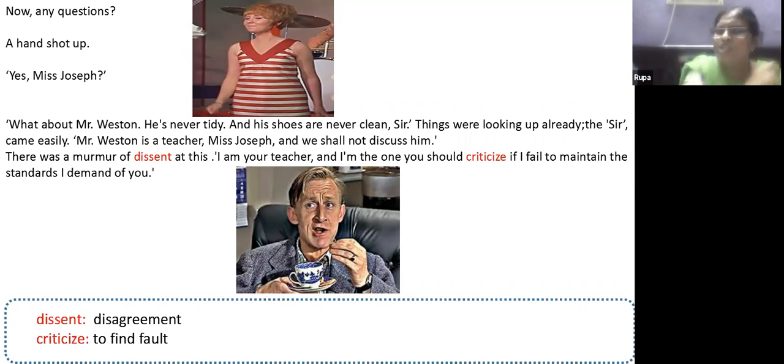The students also have changed for the better. Now, things were looking up already. The sir came easily. Now, there was no pause, no delay. So, it came so naturally. Means the children got used to what the teacher has told. They started giving respect to him and they obeyed the words that were told by the teacher.